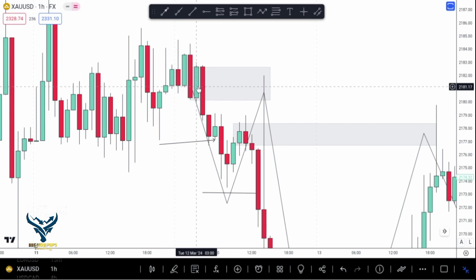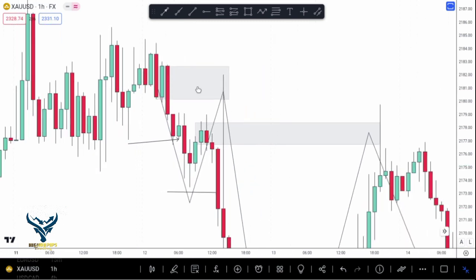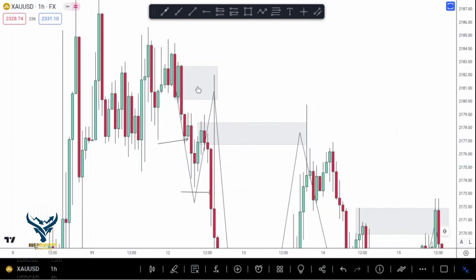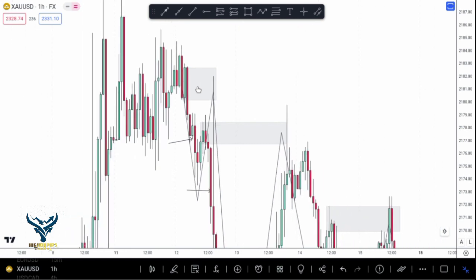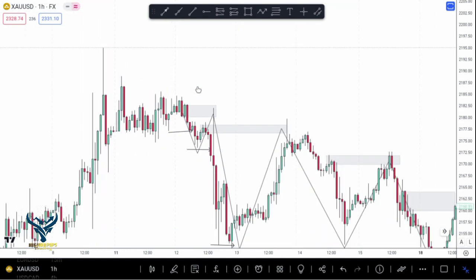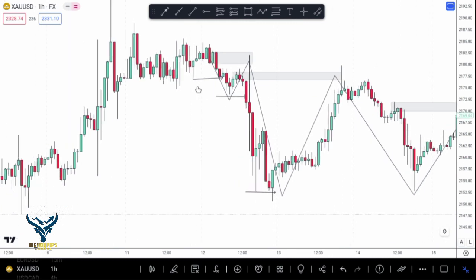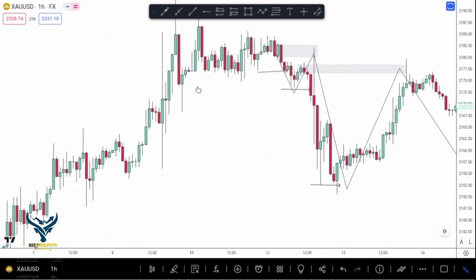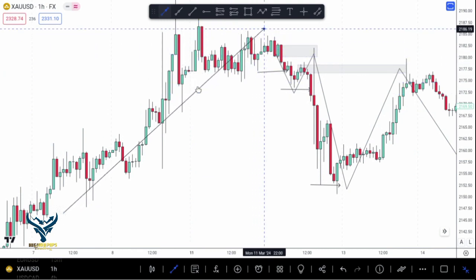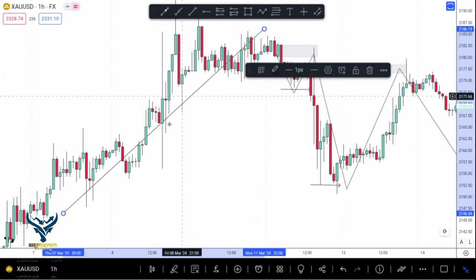What do I mean by that? If we look to the left, the market was buying all the way up, which means this was a bullish trend or a buying trend, right?